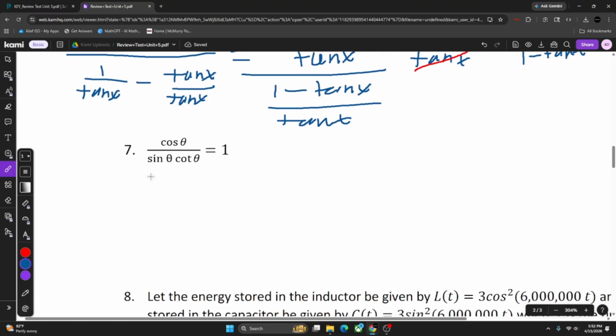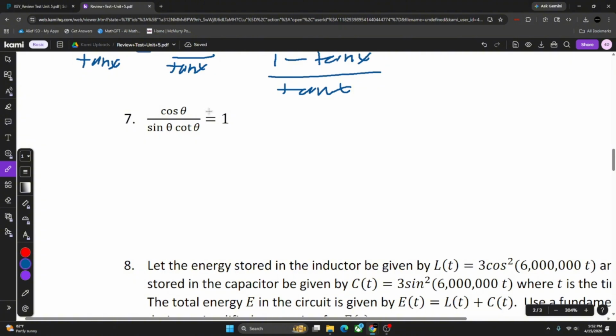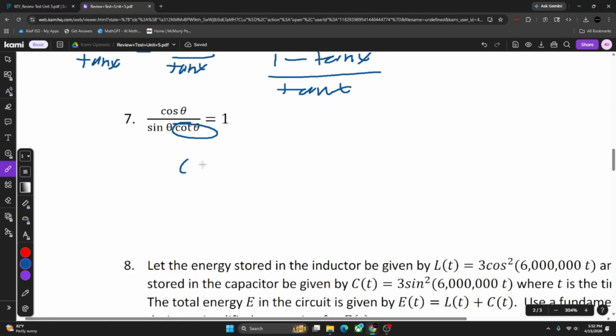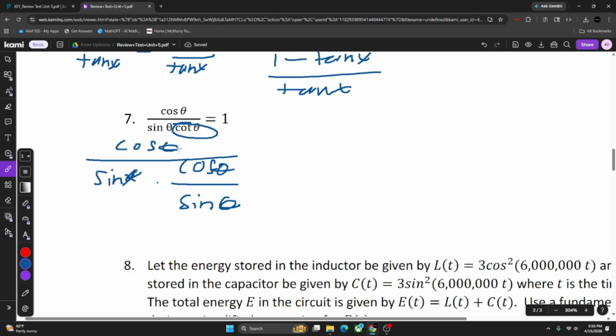All right, we're halfway there. This one's a little bit easier. Just look at this right here. What does that equal? That equals cosine over sine. And then you're multiplying it by sine, and then you have cosine right here, and this cancels out. Why?